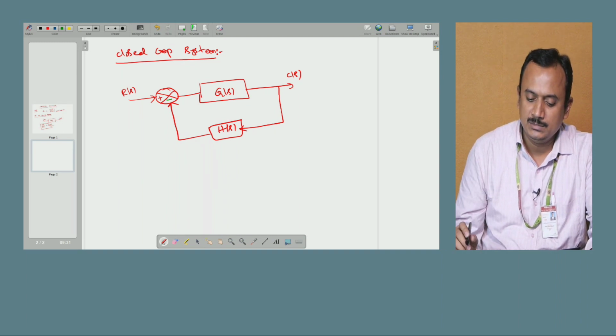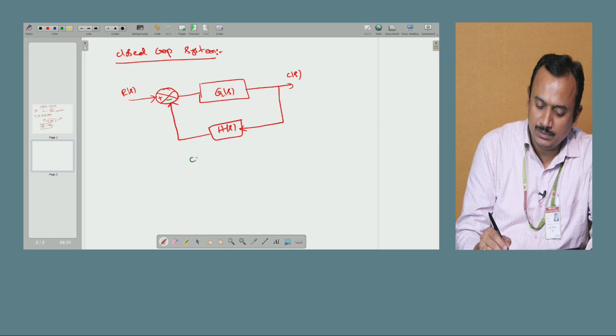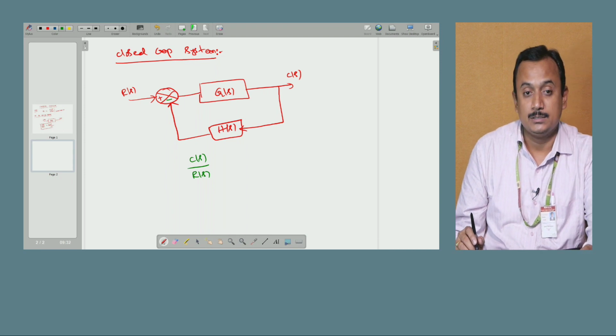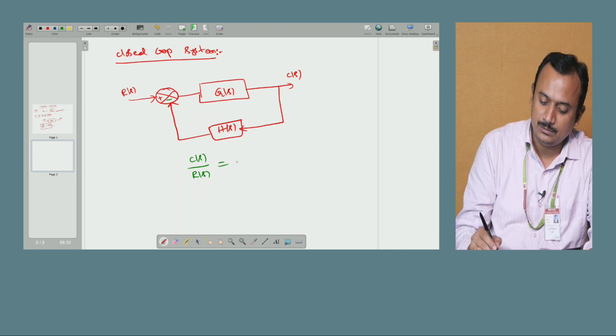Now if the system is like this, then how to find the transfer function, that is, the Laplace transform of output C of S and the Laplace transform of input R of S is equal to how much?